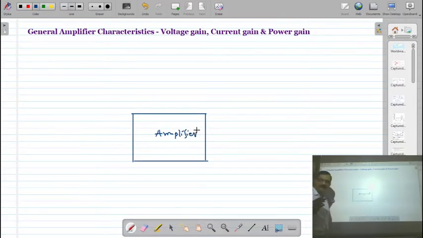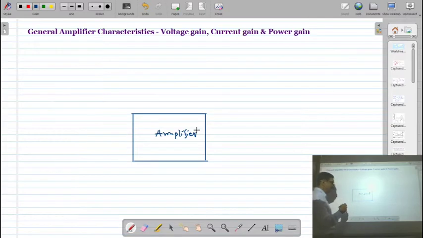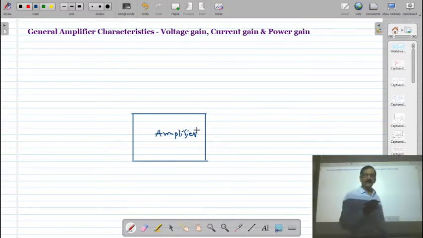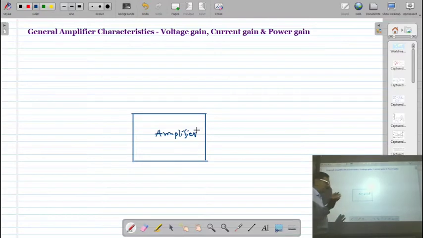And every amplifier circuit always contains at least one active device. Now this active device can be a transistor, a field effect transistor, a vacuum tube, or an operational amplifier. Remember, there are these types of devices. Now the amplifier has an input terminal like this.